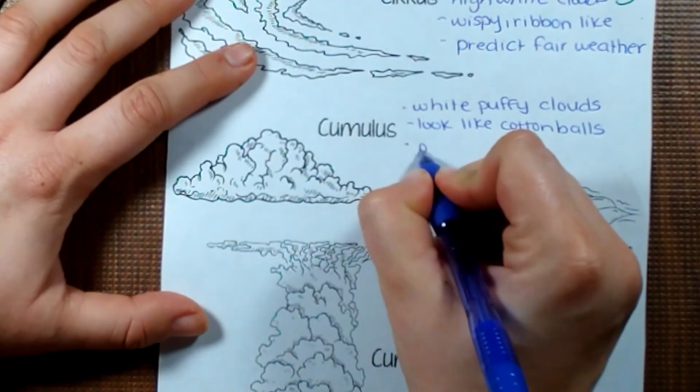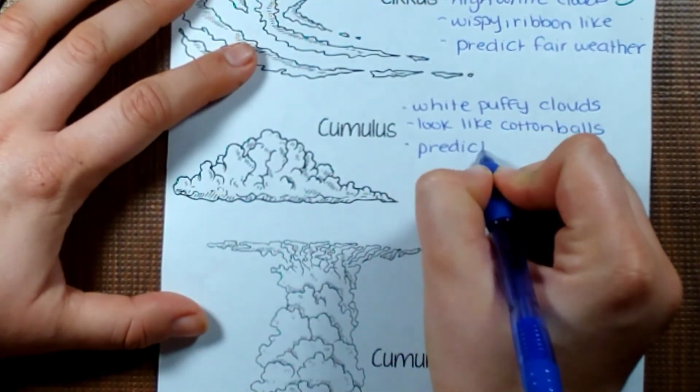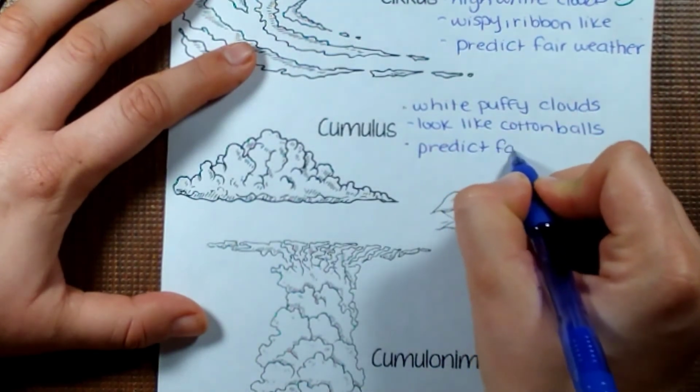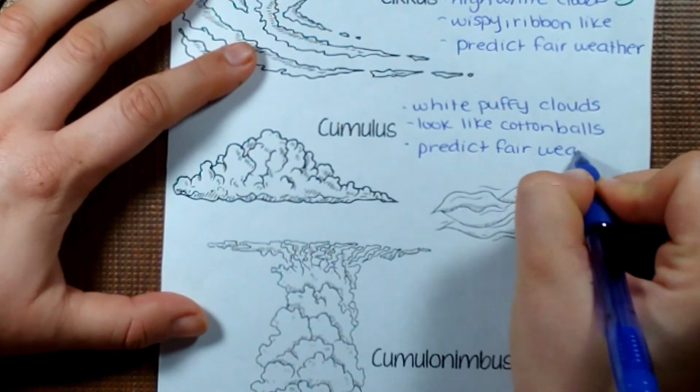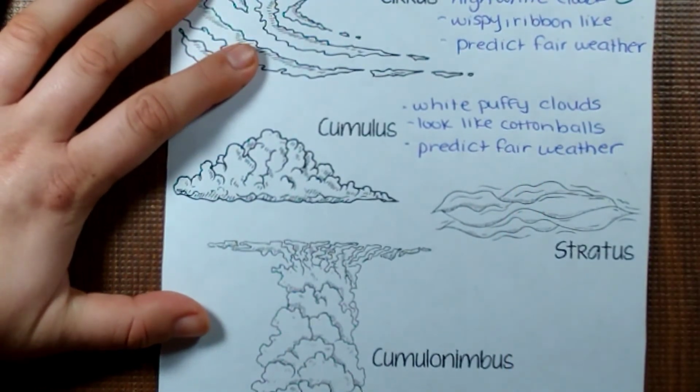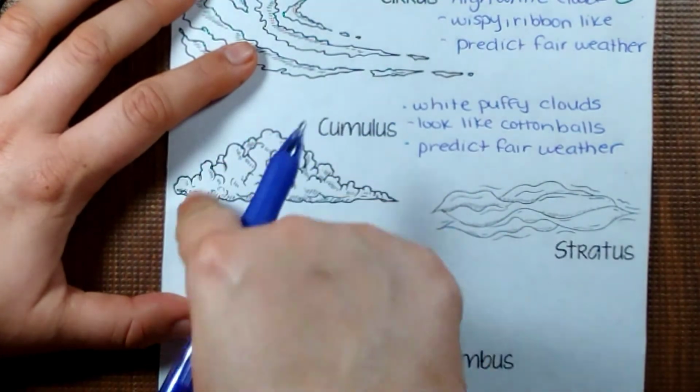This predicts fair weather, but they can grow into a cumulonimbus. Usually they have flat bottoms and rounded tops.